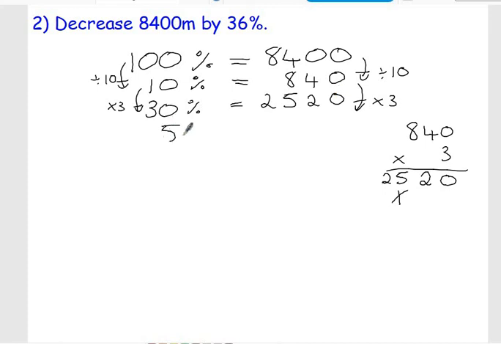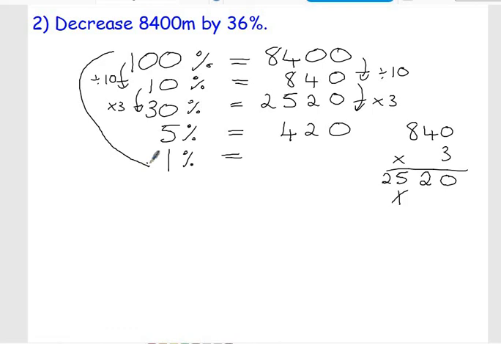So break this up, is 5%. 5% we know is half of our 10%. So half of 840 is going to be 420. And then 1%. If we go back up to our 100%, we need to divide that by 100.